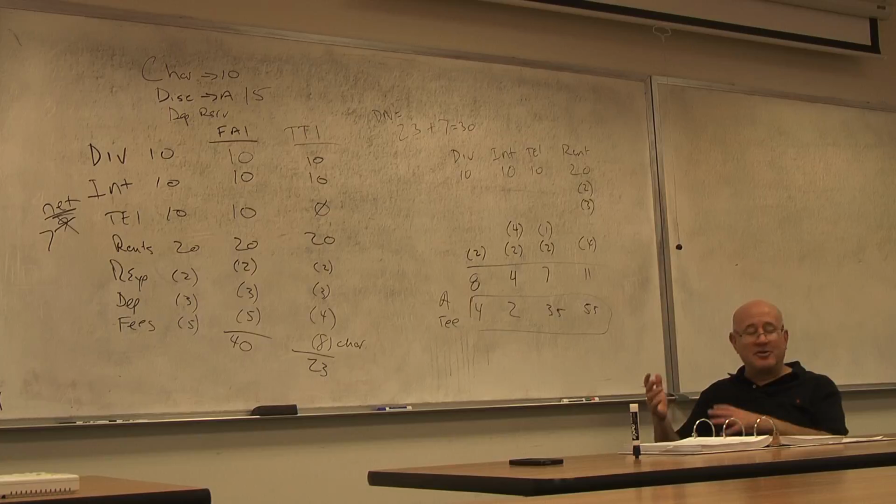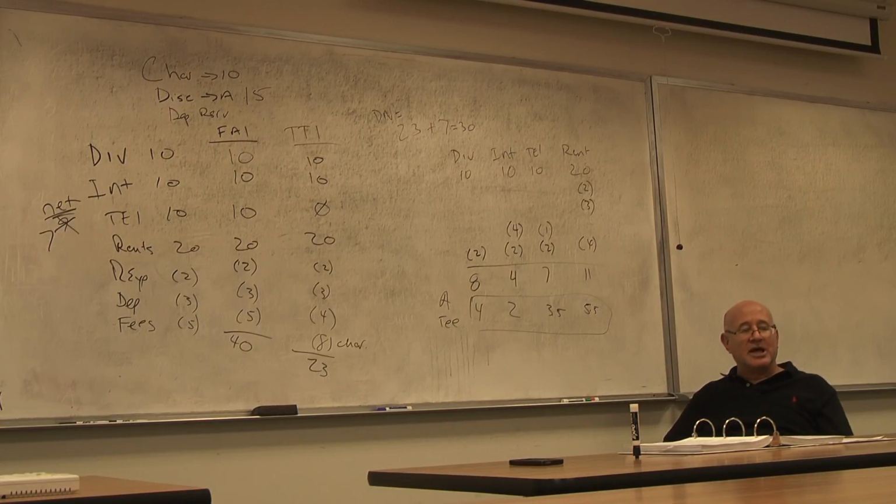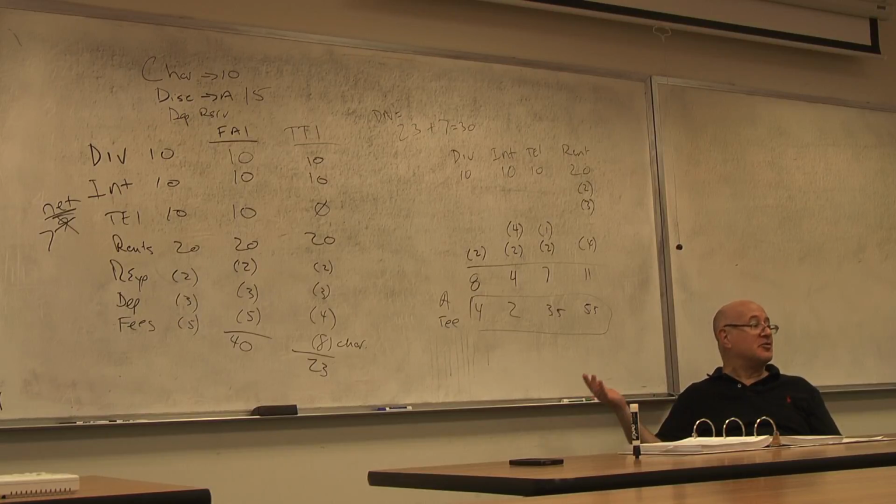Okay, but had the numbers been slightly different, you could have gotten a little bit more, a little bit less. You're gonna get 15 over whatever the total amount of DNI is of each category. This is nice and easy, it's 15 over 30, which is half. But if you'd had 31 of DNI, then A would have gotten 15 31sts of everything, and the trustee would have gotten 16 31sts after the distribution deduction.